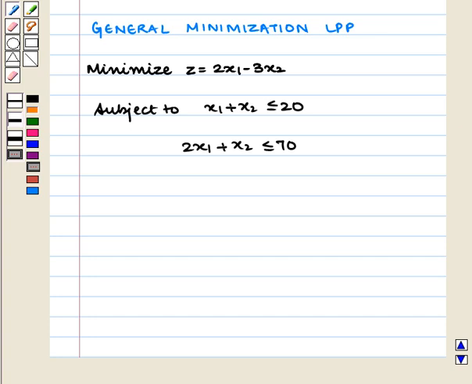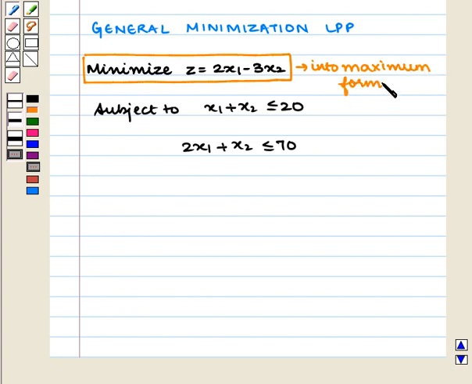So, in order to solve the minimization problem, we will convert the objective function into maximum form by multiplying the objective function with a negative sign.